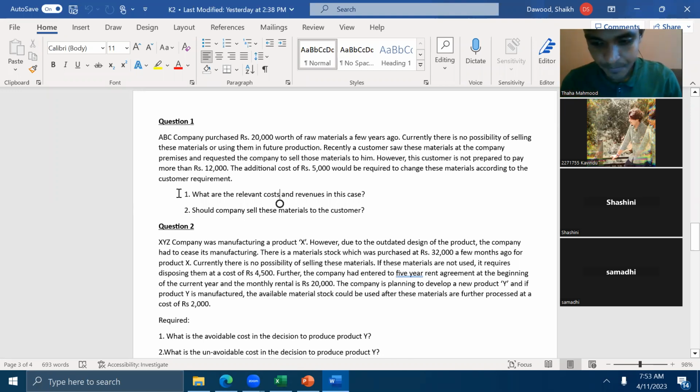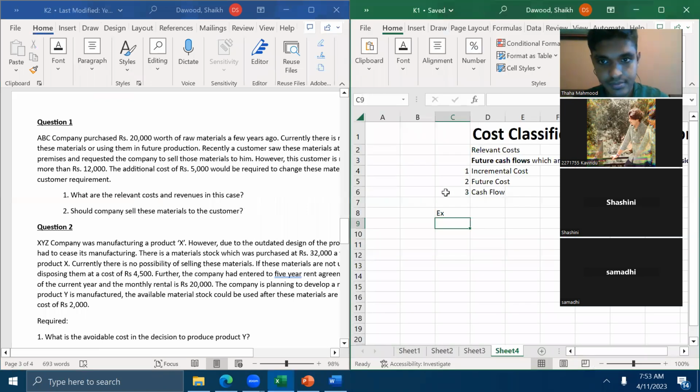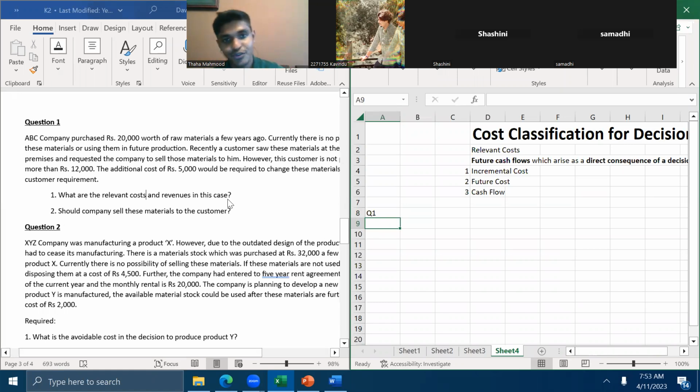All right. අපි එක attempt කරමු එහෙනම්. Question number 1 says ABC company purchased 20,000 worth of raw materials few years ago.